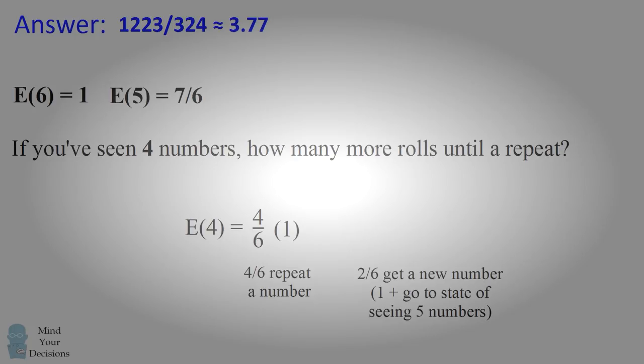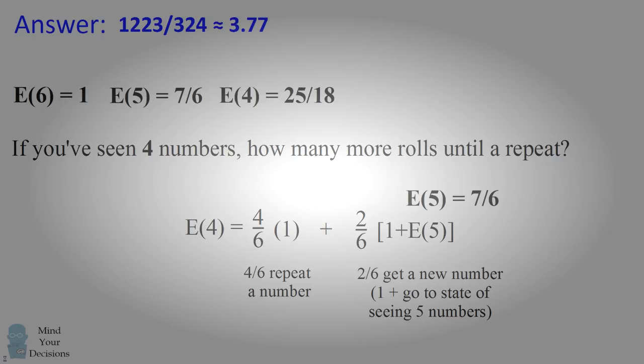And now, if we get a new number from having seen 4 numbers, that'll bring us to the state of having seen 5 numbers. So at that point, the expected number of rolls will be 1 plus e of 5. Since we've solved that e of 5 is 7/6, we can substitute that in, and we can solve that e of 4 is 25/18. And now we repeat this process.